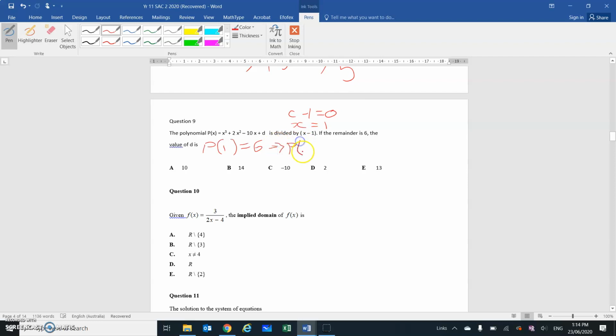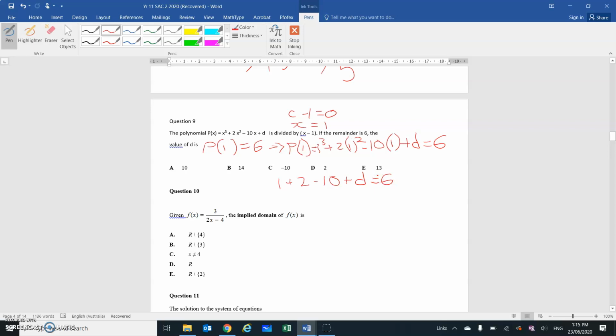So P of 1 is 1 cubed plus 2 times 1 squared minus 10 times 1 plus D. That will equal 6. And then if we work that out, 1 to the power of 3 is 1, plus 2 times 1 is 2, minus 10 times 1 is minus 10, plus D equals 6.